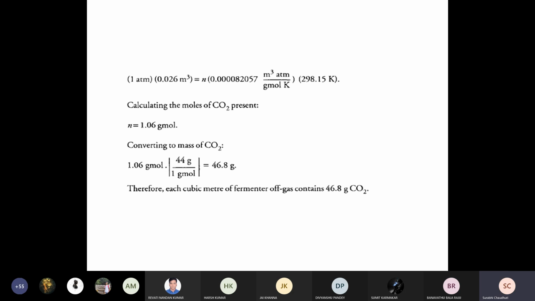So it is like this: 1 atmosphere into, since it is 1 cubic meter and 2.6%, it is 0.026 cubic meter, and R value is 0.000028057 meter cube atmosphere per gram mole degree Kelvin. That way we get the value of N equal to 1.06 gram mole, that we multiply by 44 to get 46.8 gram of carbon dioxide.